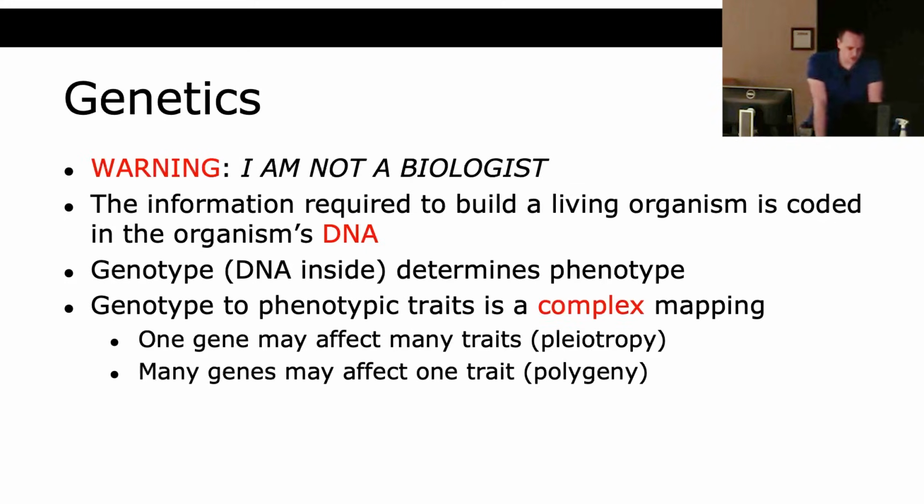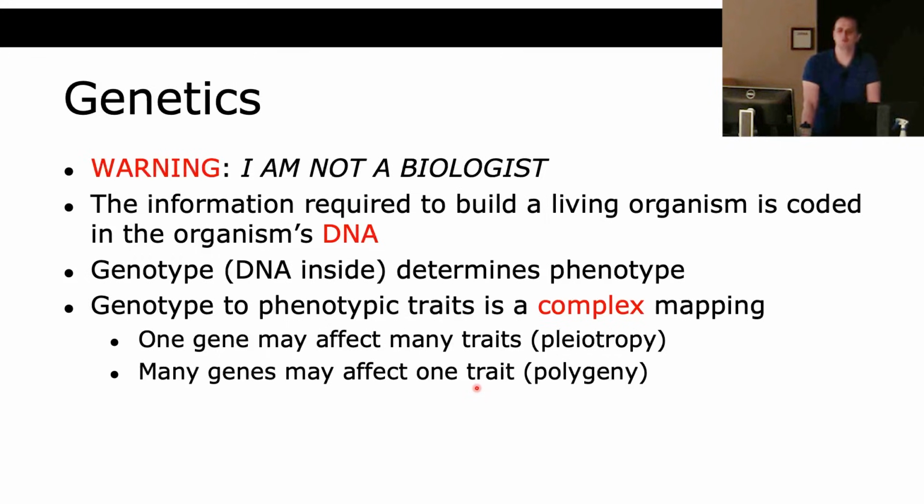Okay? Genotype to phenotypic traits is a very complex mapping. It is very difficult to just look at the DNA and figure out if someone is going to have what color eyes or if they're going to have 3 legs or something like that. One gene may affect many different traits, and many genes may affect one trait, right? If you think about source code, think about changing a few characters in the source code.